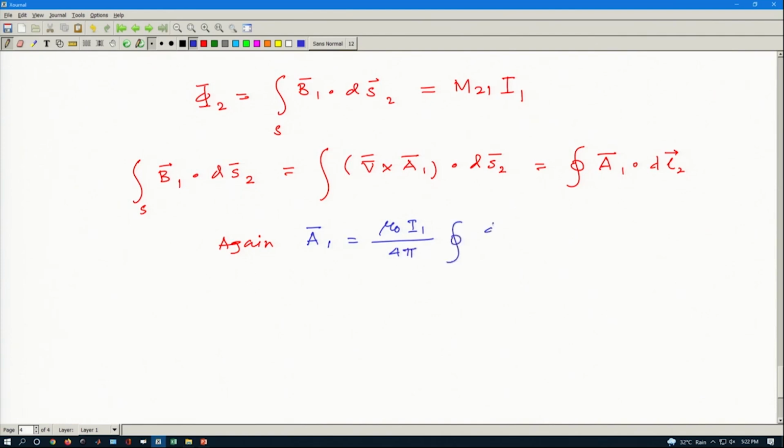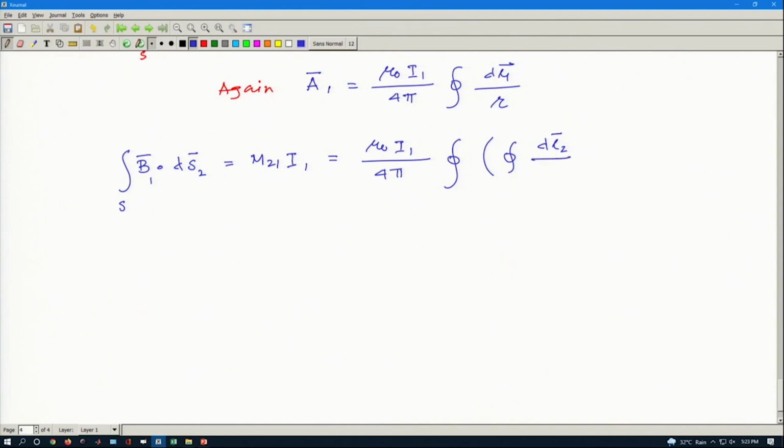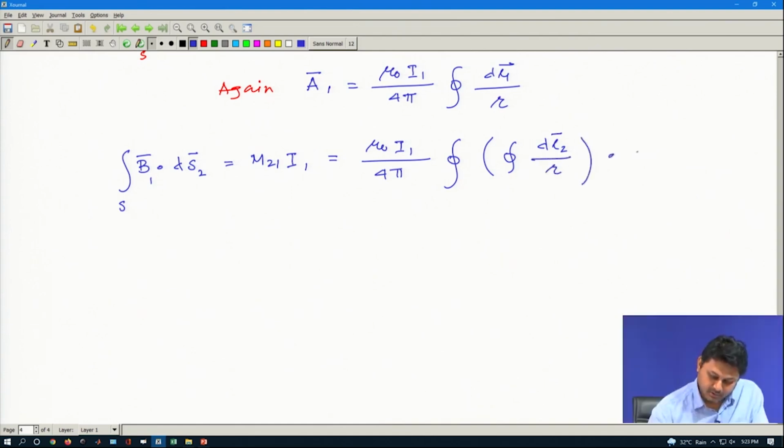This is a closed line integral of dL1 divided by R. So, B1 dot dS2, which is M21 I1, is mu 0 I1 divided by 4 pi, and then we have a closed integral of dL1 divided by R, dot dL2.